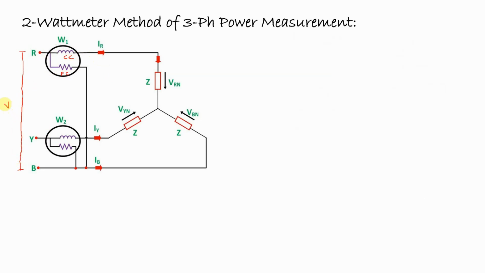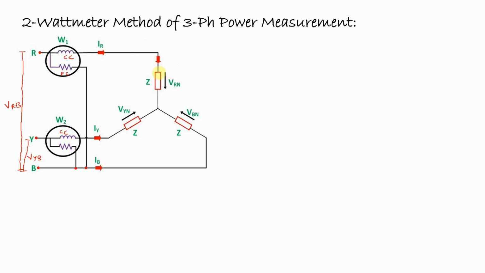It can be represented as VRB, that is the voltage between R and B. Similarly, the second wattmeter current coil is connected in series with the Y phase, and its pressure coil is connected between Y and B. So it will measure the voltage VYB.